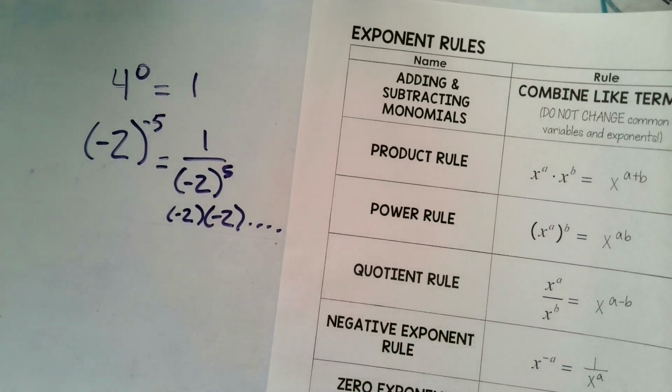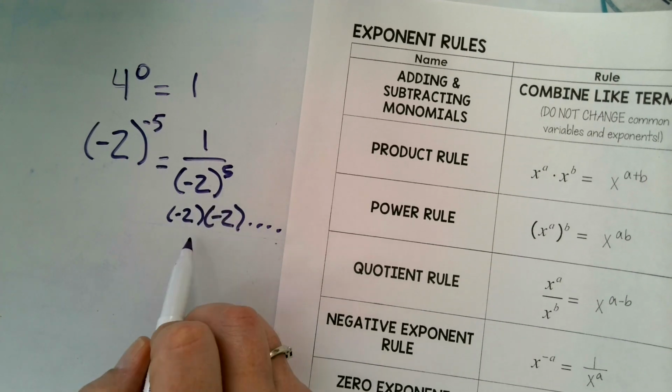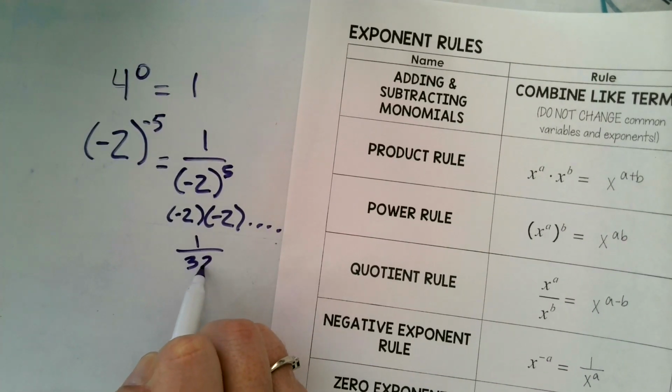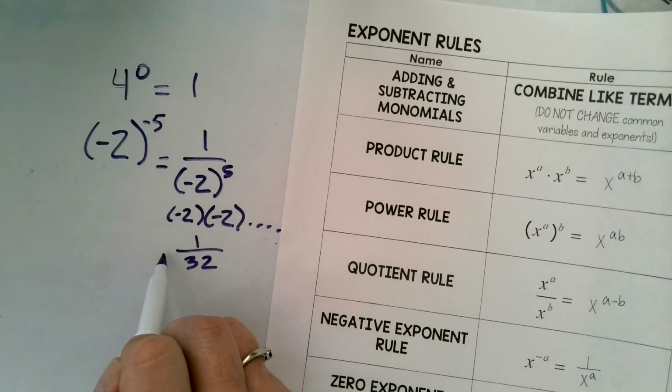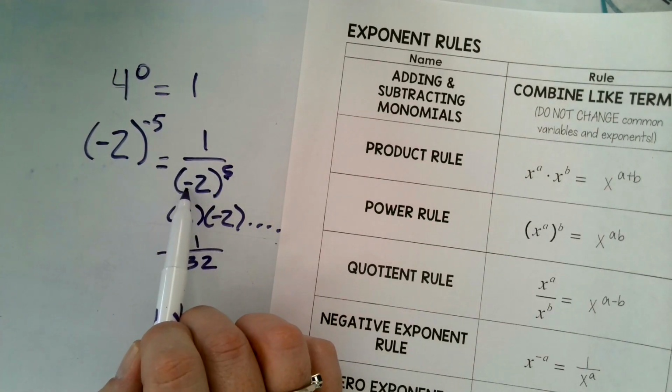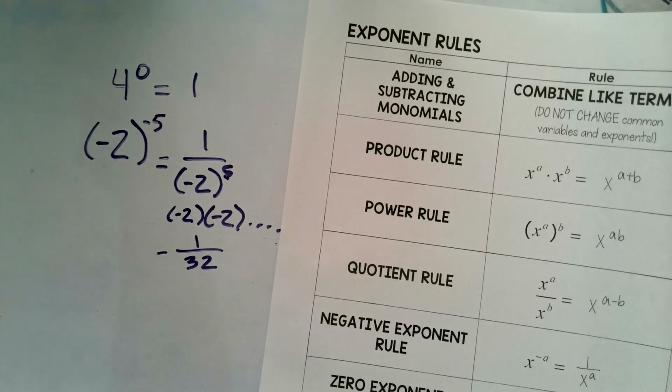So 2 times 2 is 4, 4 times 2 is 8, 8 times 2 is 16, 16 times 2 is 32. So we have 1 over 32, and we remember that the whole thing is going to be negative because we had an odd exponent acting on a negative number.